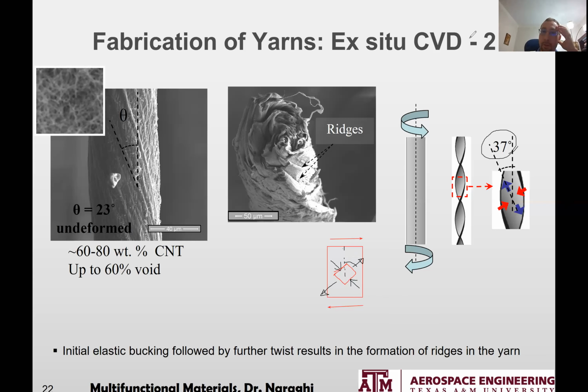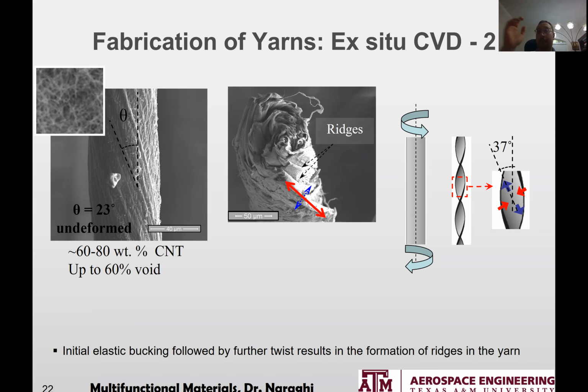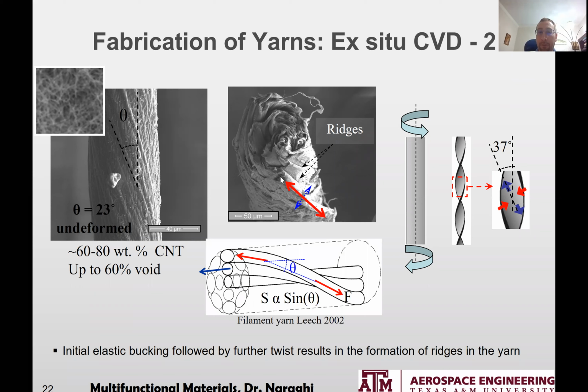And so we have these ridges. The ridges have formed when the compressive stresses lead the plane to buckle. That's a very important thing. So these ridges form as a result of buckling.